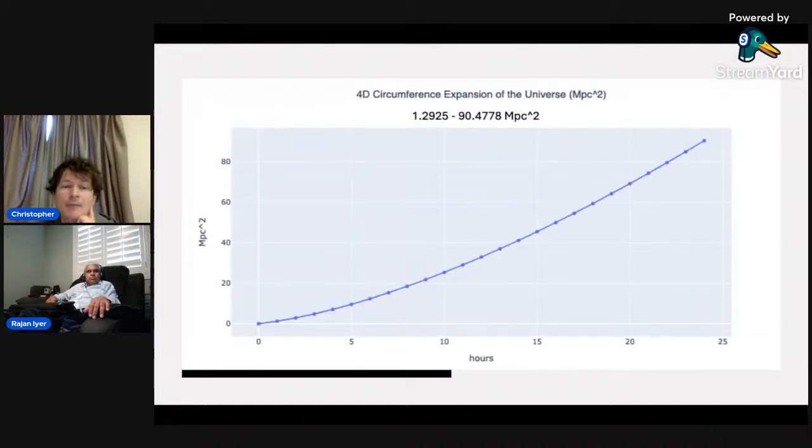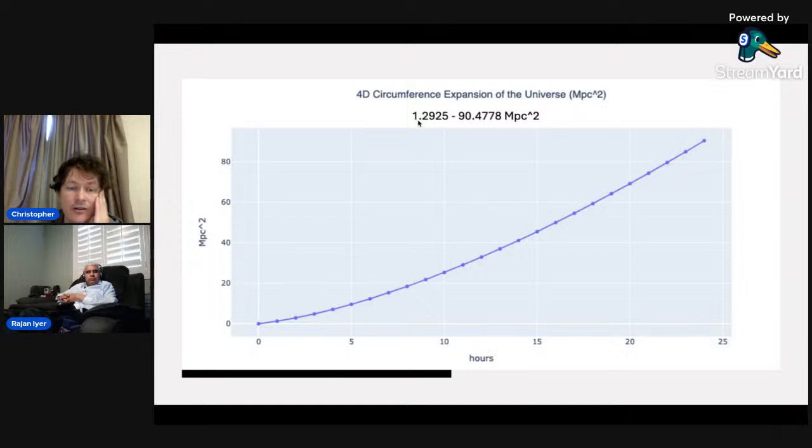So if we apply the scaling factor to the current size of the universe, using the 4D circumference, we can extrapolate backwards to see the various sizes that the universe had during that 24-hour period.